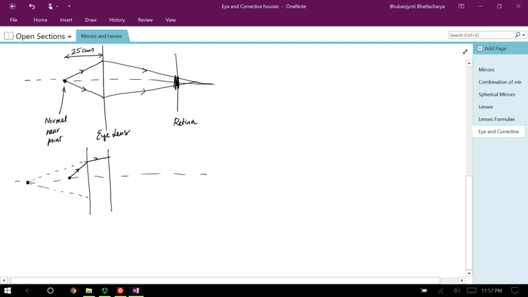As long as these rays are coming from such far away that they are within the range where the eye can see, then these rays will again converge to a point on the retina.